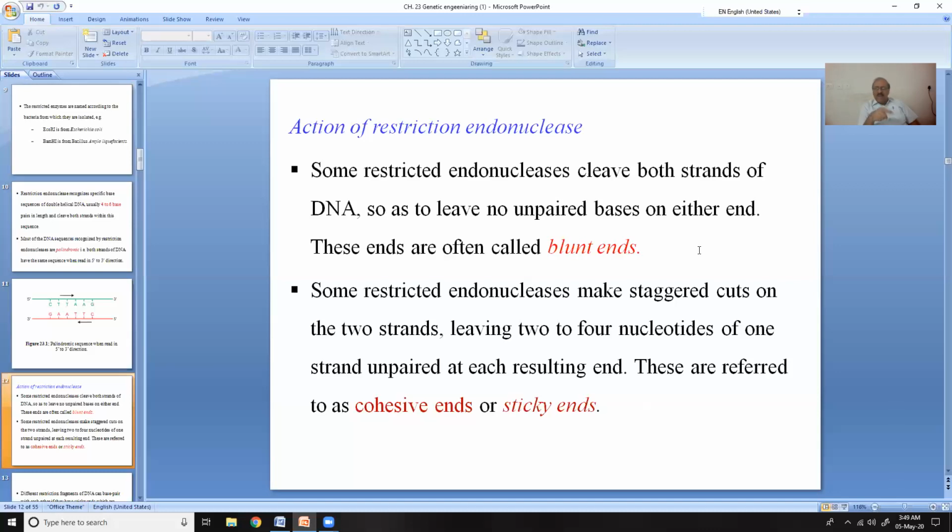Some restriction endonucleases make staggered cuts on the two strands, leaving 2 to 4 nucleotides of one strand unpaired at each resulting end. These are referred to as sticky ends or cohesive ends.